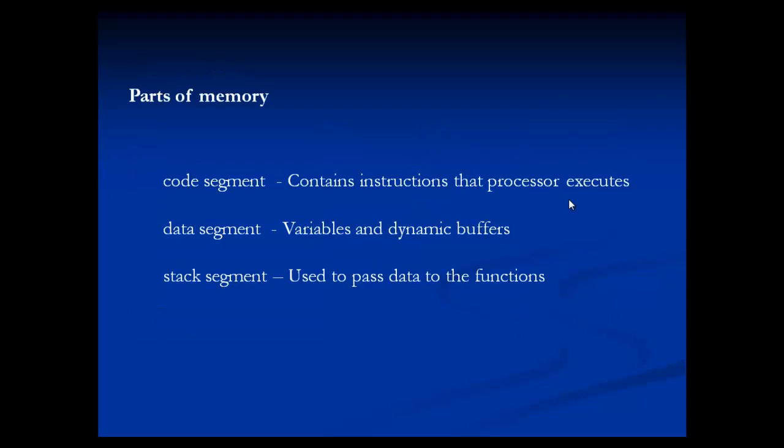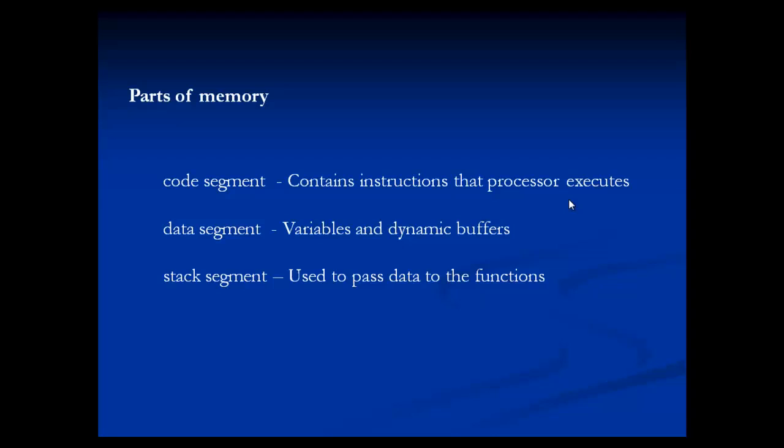Now let us try to understand the parts of the memory. We have three parts in the memory. One is the code segment, another one is the data segment, and another one is the stack segment. The code segment contains instructions that the processor executes. It means the actual program instructions that are being executed by the processor.